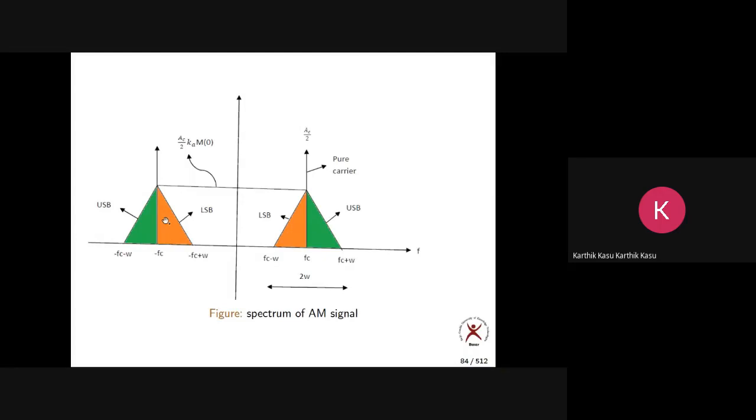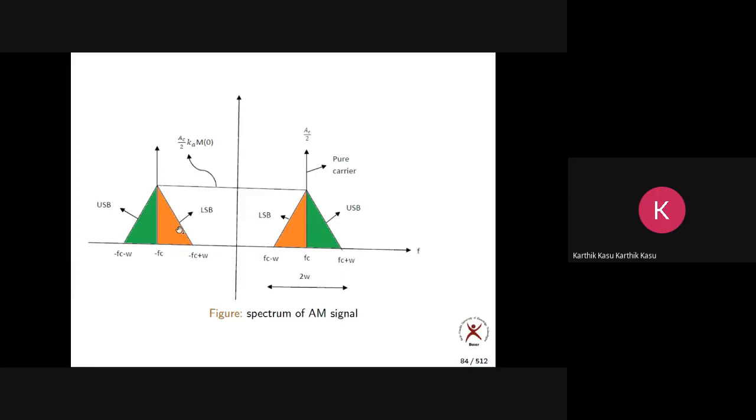Please remember, we are taking the reflection. Just imagine, you're taking the mirror image about this axis. What happens now if you take mirror image? This comes here. This comes here. Now this is upper side band and this is lower side band.